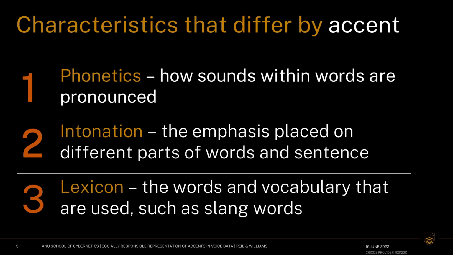For example, a person in the north of England might say trap and bath using the same sound, but a person from the south of England might say trap and bath with a different a sound. Intonation is where emphasis is placed during speech. In Australia, for example, we often rise up at the end of a sentence. Lexicon refers to the words and phrases used within an accent.